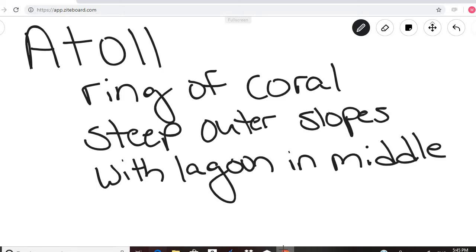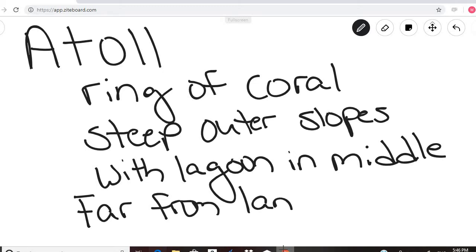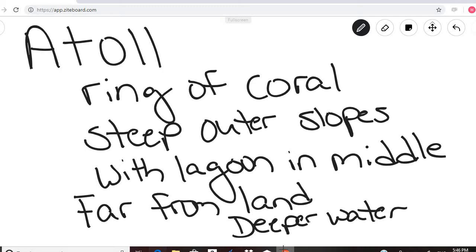And the atolls are more common in the Pacific Ocean and the Indian Ocean, and they are generally far from land. And they tend to be in areas of deeper water. So these atolls can be found where the water depth around them can be hundreds or even thousands of feet deep. So let's look at a picture of one before we talk about them a little bit.